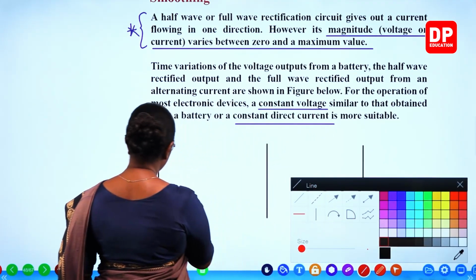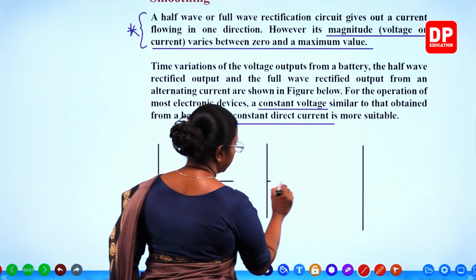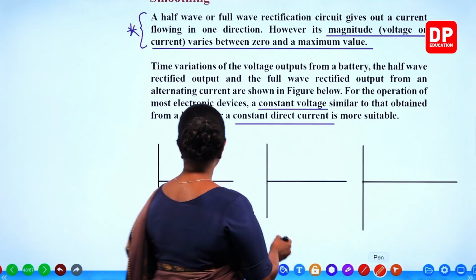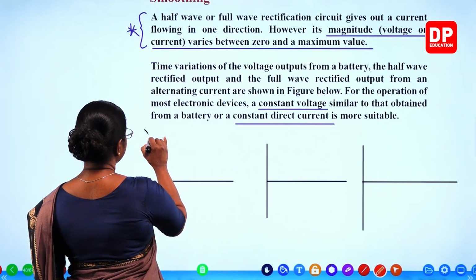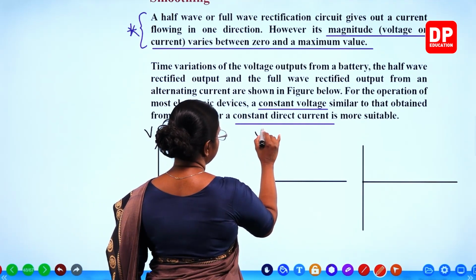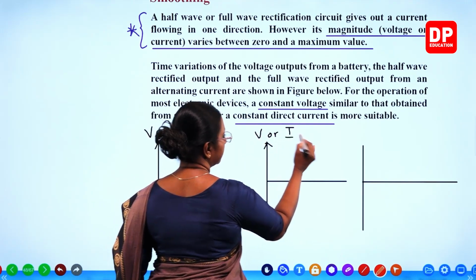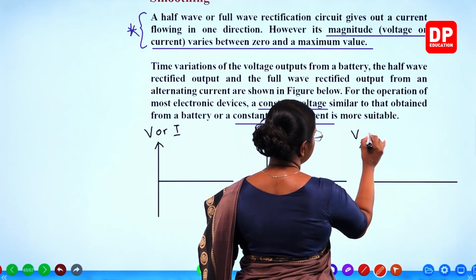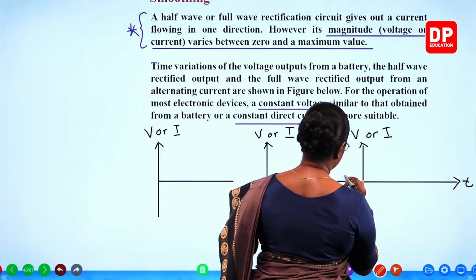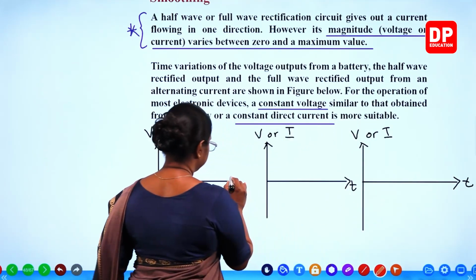You can remember all these, students. I am going to draw all the graphs. So here it can be either voltage or current. Here also it can be voltage or current. And here also voltage or current. And this is going to be the time axis.